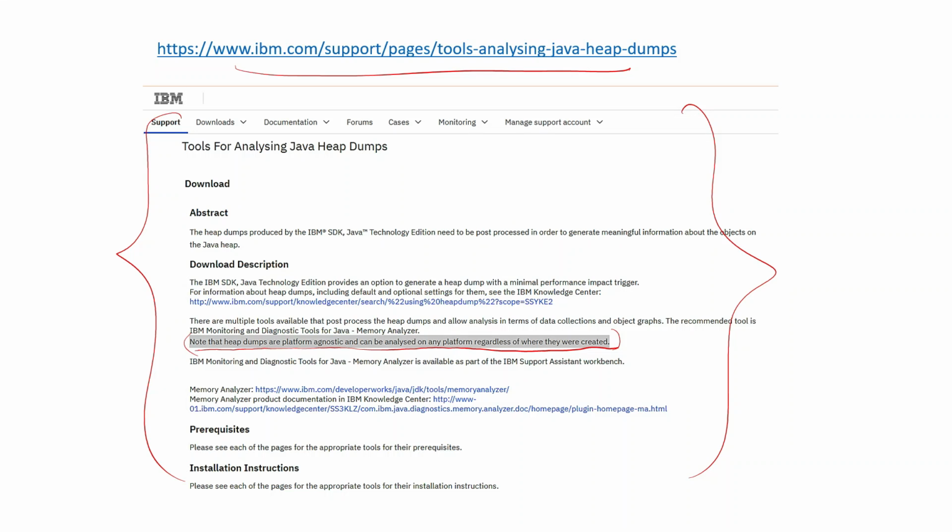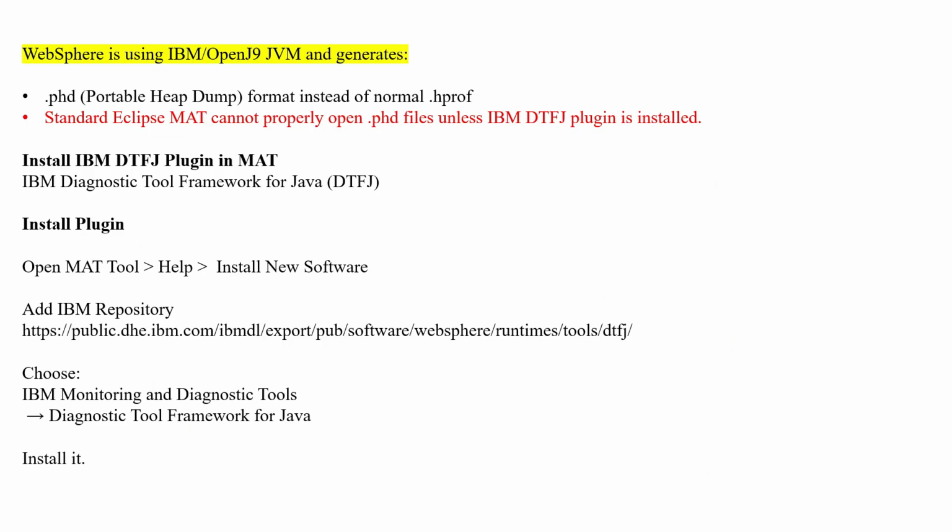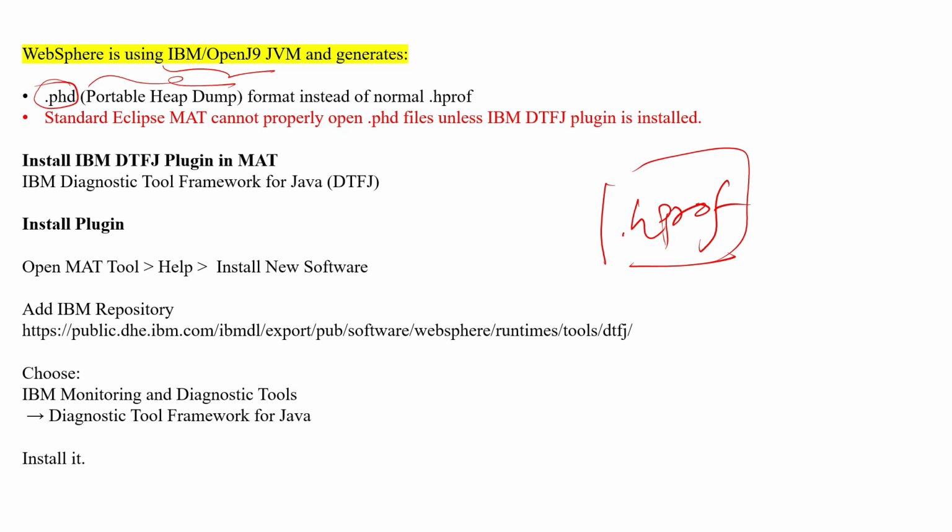But only one thing: when we generate the heap dump in IBM WebSphere, it generates the heap dump with the extension .phd, which is called the portable heap dump. And if you have knowledge of traditional Oracle Java, like the WebLogic application server, when we generate the heap dump there, it generates it with the extension .hprof. This hprof format can easily be opened in the MAT tool.